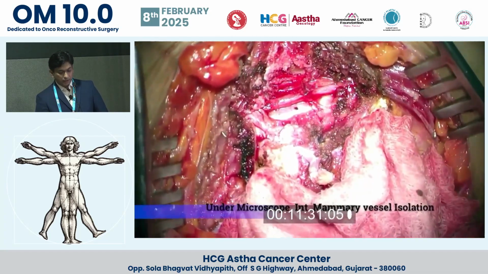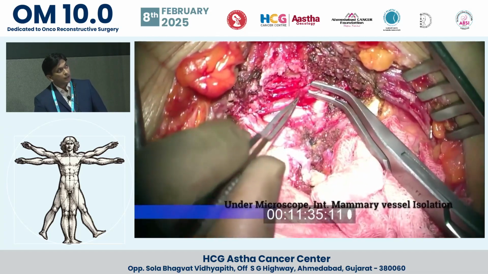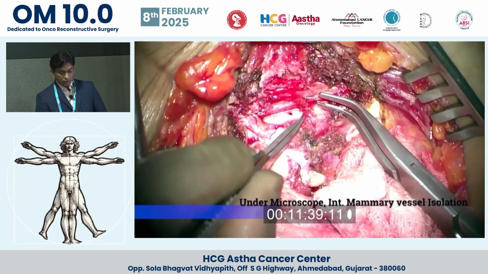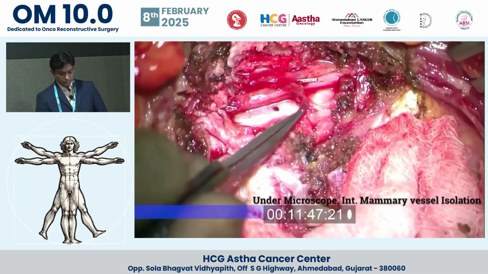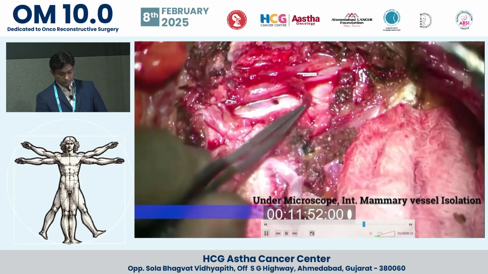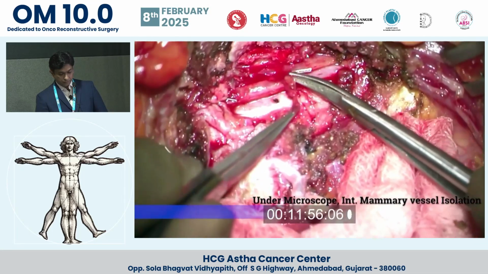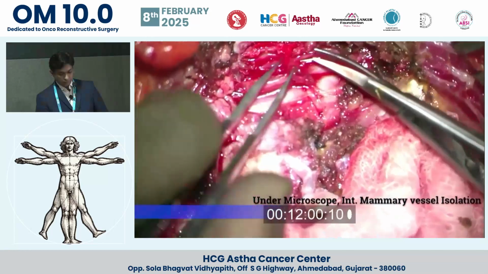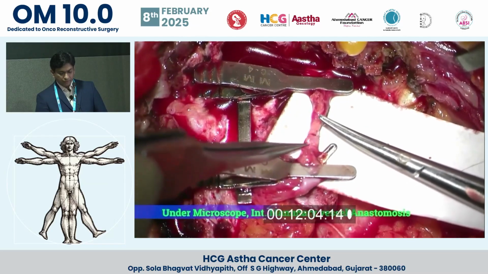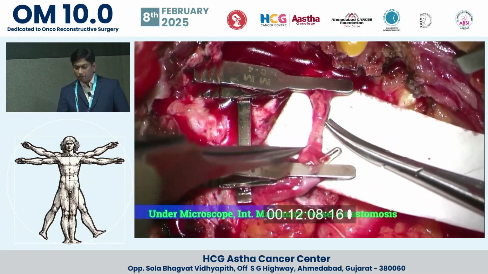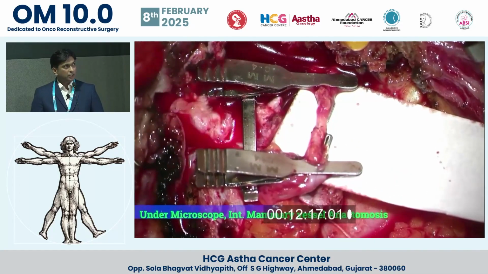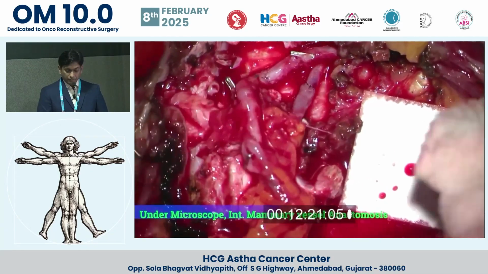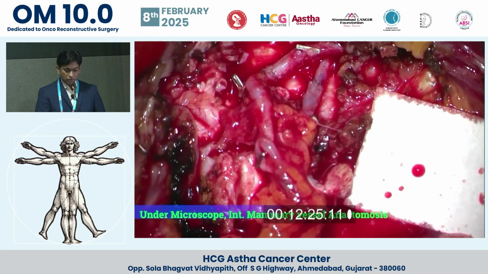This is the internal mammary artery and vein seen through the microscope. We do the vein first and then the artery. The major problem has been the thin-walled vein, which can kink, so generally its lie has to be kept properly. So this is one side.